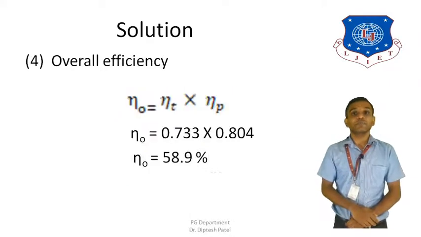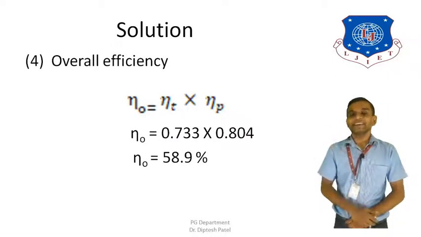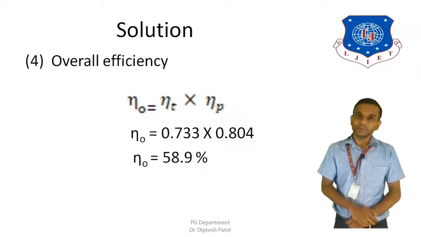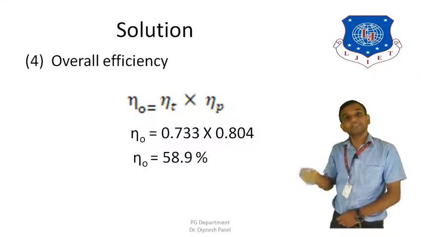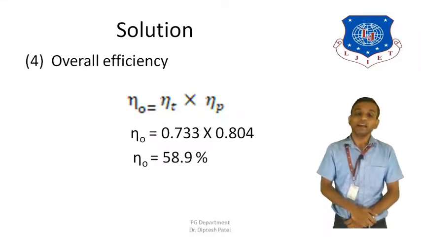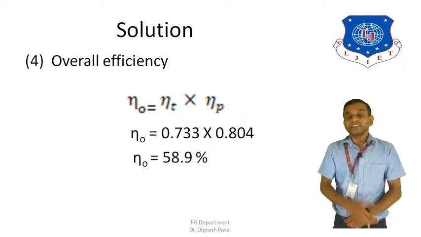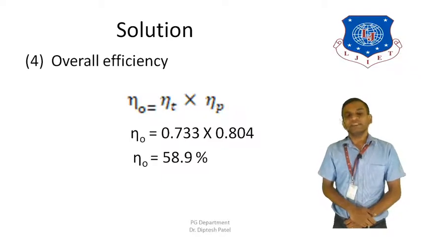Now let's move forward to the overall efficiency. Overall efficiency is nothing but the combination of the thermal efficiency and the propulsive efficiency. To obtain the overall efficiency, we just need to use the formula, that is the multiplication of thermal efficiency and propulsive efficiency.